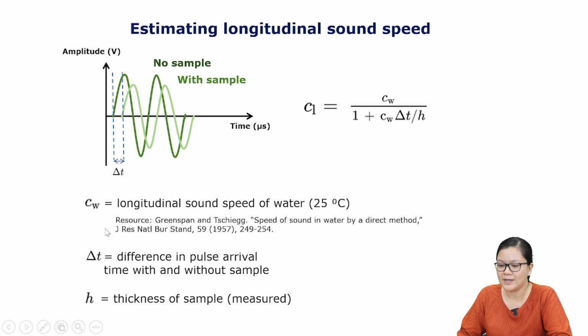One can look at this resource to obtain the longitudinal sound speed of water at a particular temperature. In this equation, we also have the time difference, the difference in pulse arrival time with and without the sample, which you would have measured using the signal. That is then divided by the thickness of the sample. The thickness is typically obtained with a ruler or a caliper, and you will have to measure this empirically.